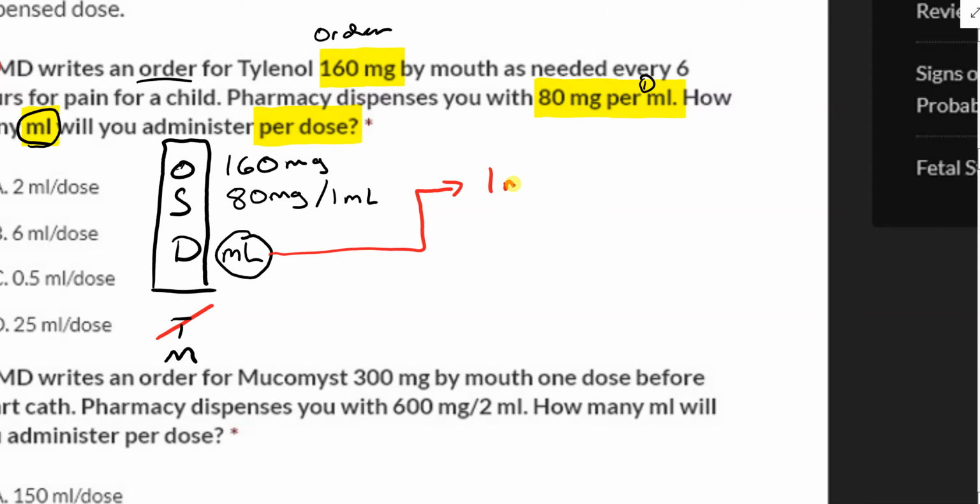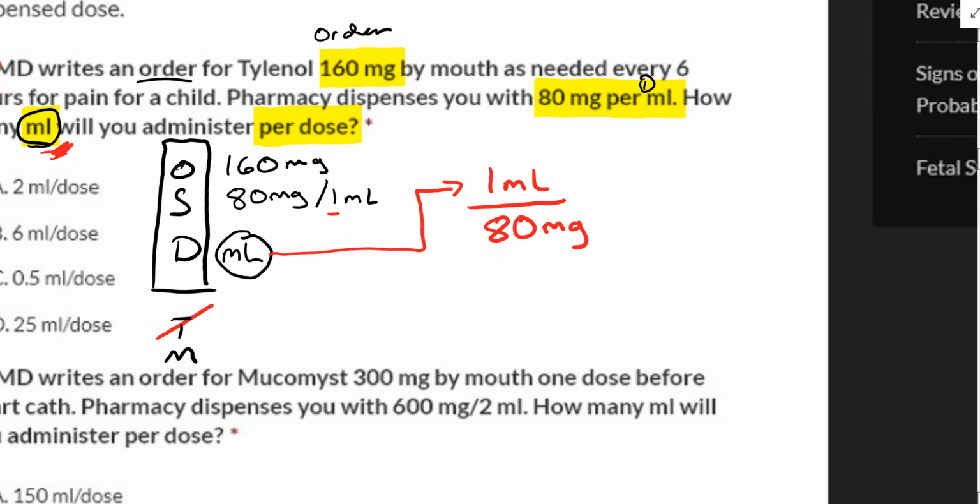So 1 ml over 80 milligrams. We're just going to set this up because we want to cancel out all the units and be left with our desired milliliters right here.